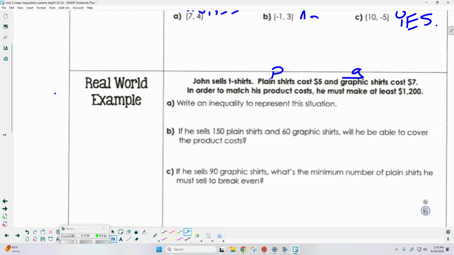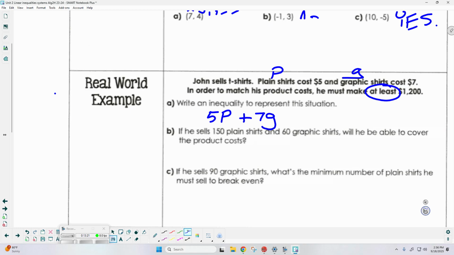All right. So write an inequality to represent this situation. How much is a plain shirt? $5. So it's going to be $5 times the number of plain shirts he sells. A graphic shirt is going to cost $7. So that would be plus 7G. Now, the key here is at least $1,200.